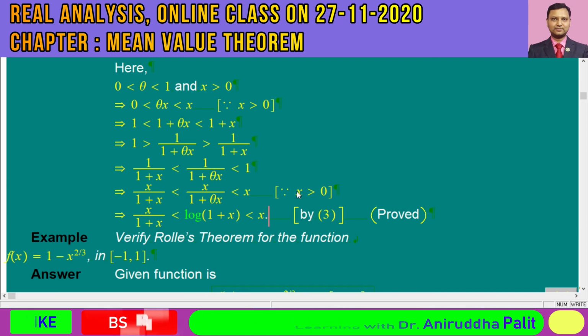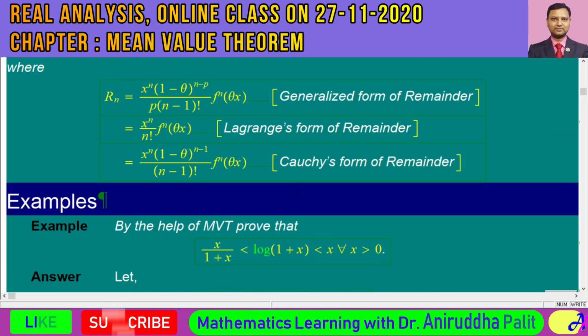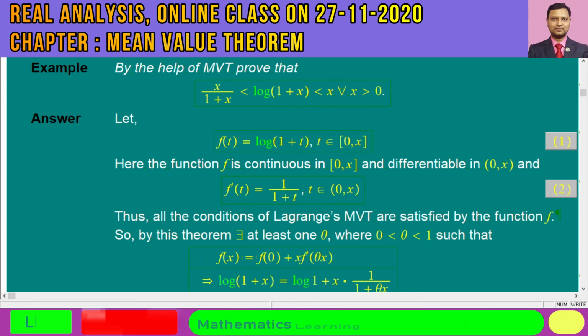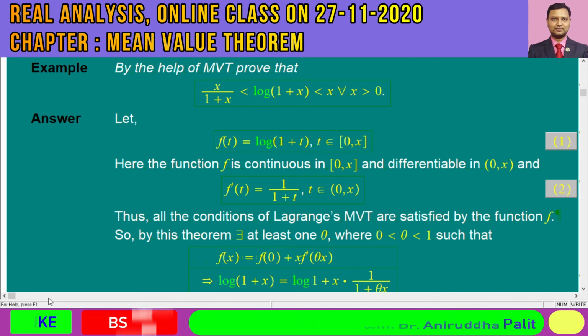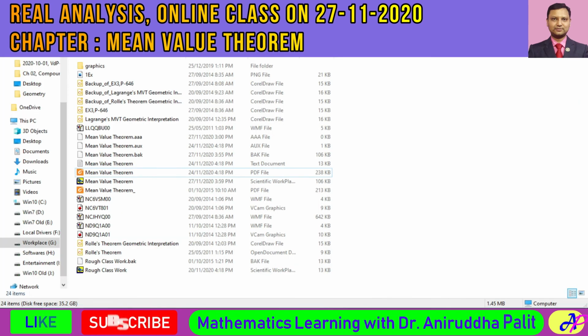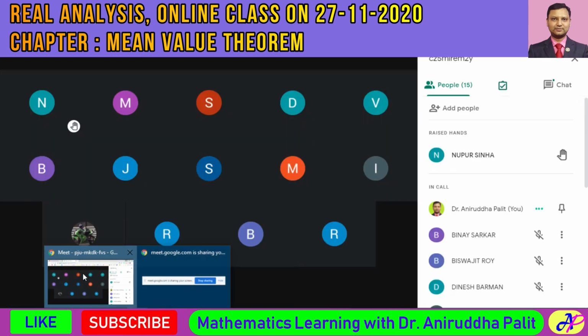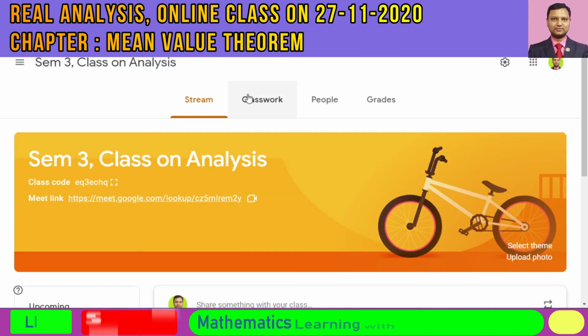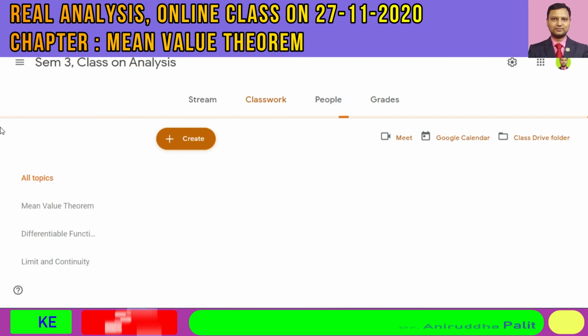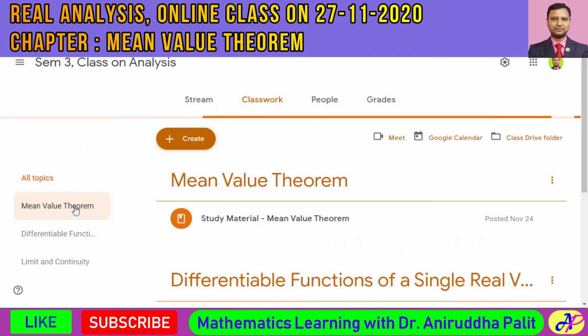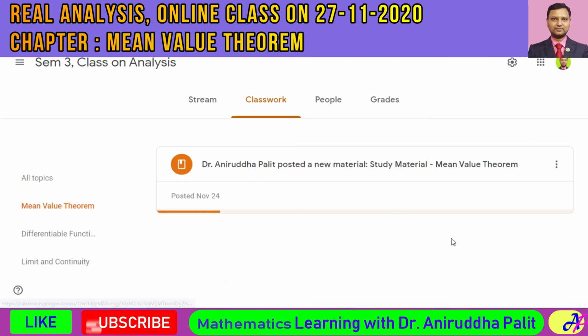Okay, so in this way we can prove these inequalities, and we can apply the mean value theorem to prove these inequalities. Probably I have given this file in your Google Classroom. Let me check. I don't remember whether this has been given there. If it is not, I will provide the file over here in the chapter of mean value theorem.